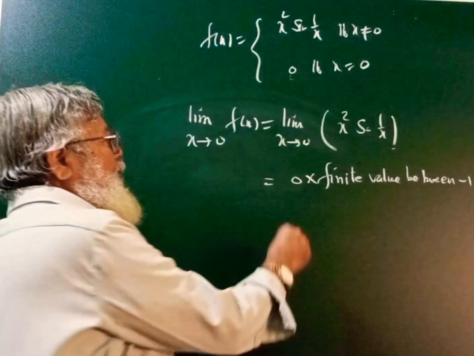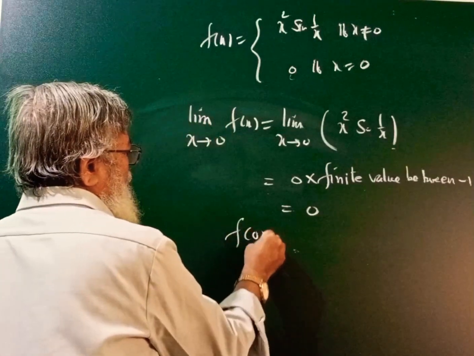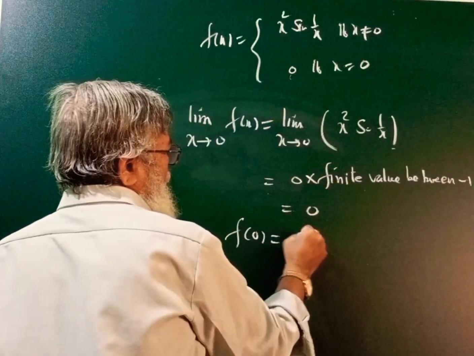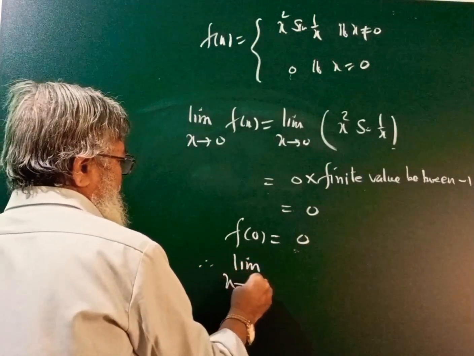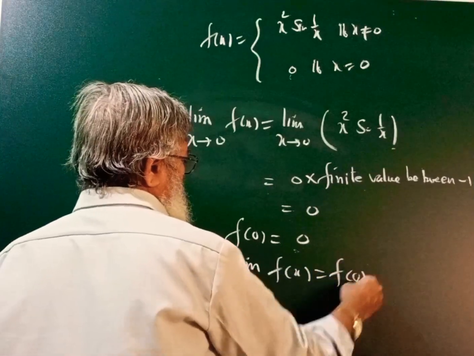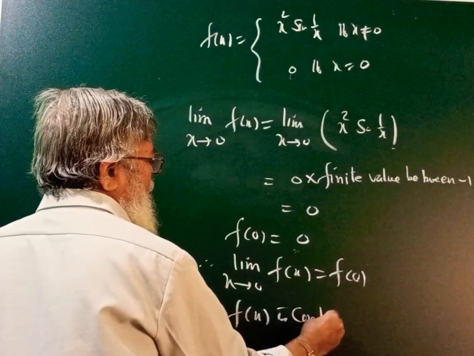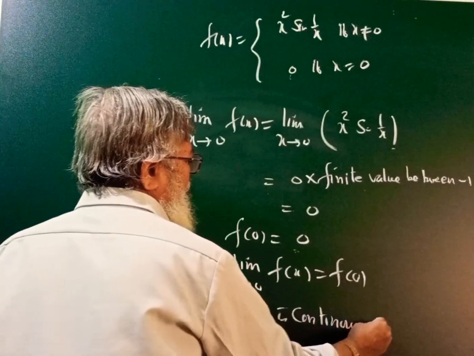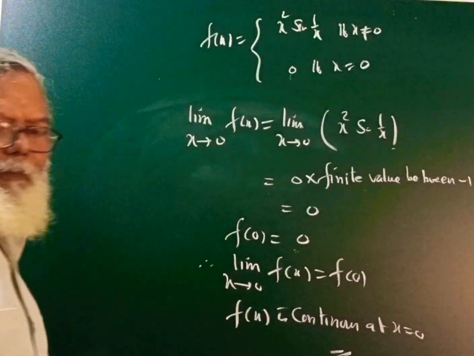So 0 into a finite value will be 0, and f of 0 is equal to 0, given. Therefore by the first definition, limit x tends to 0 of f(x) is equal to f of 0, f(x) is continuous at x is equal to 0, which proves the given.